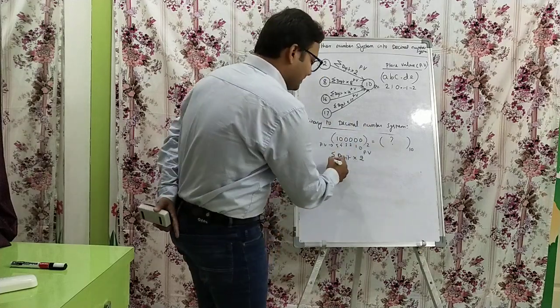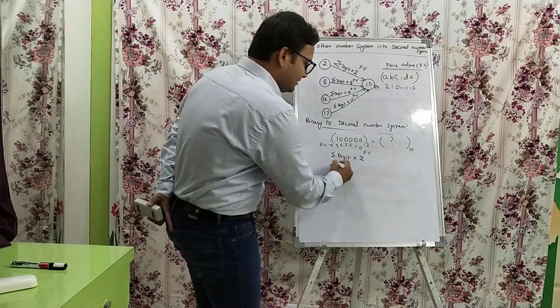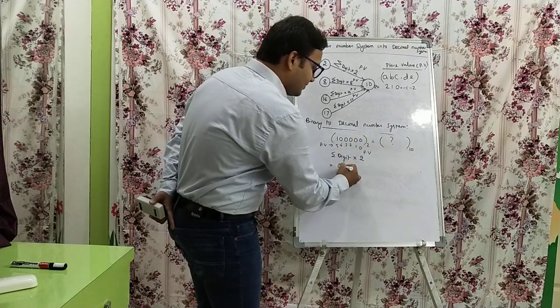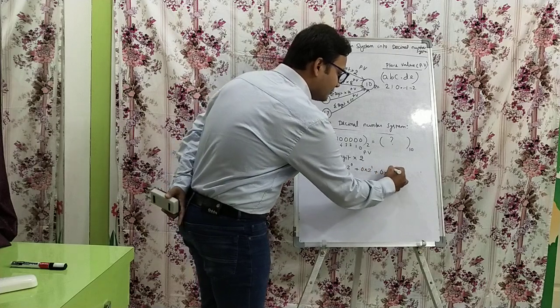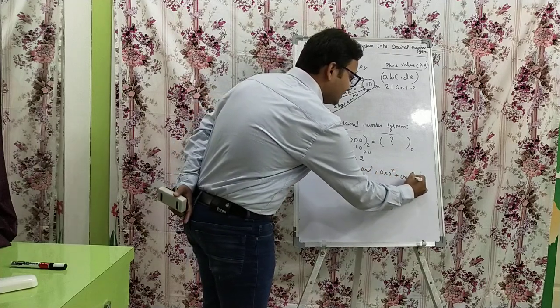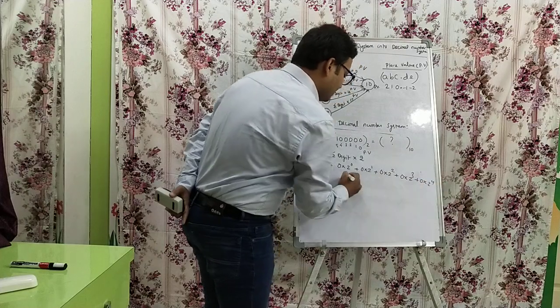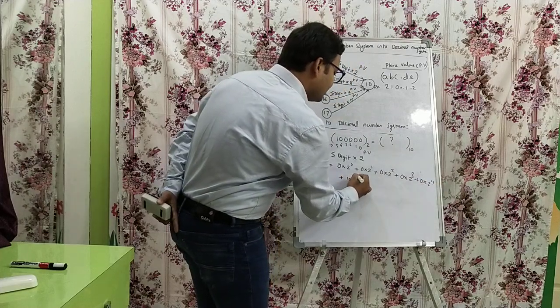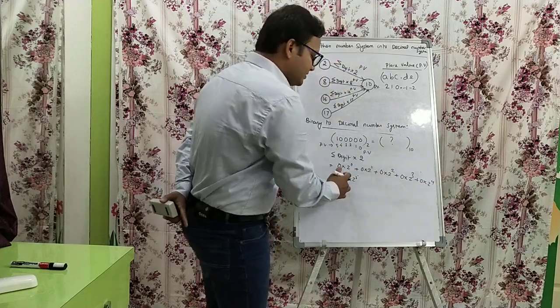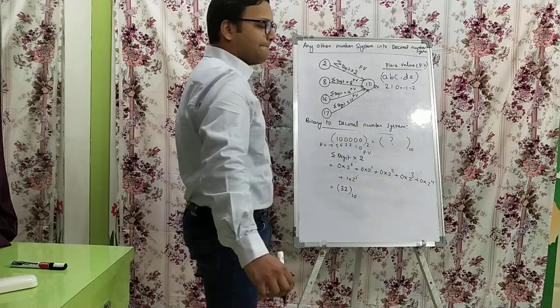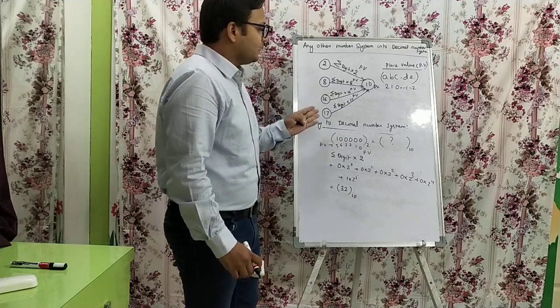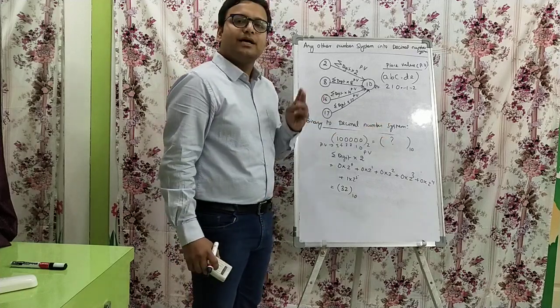Starting from 0 multiplied by 2 to the 0, 0 multiplied by 2 to the 1, 0 multiplied by 2 to the 2, 0 multiplied by 2 to the 3, 0 multiplied by 2 to the 4, next 1 multiplied by 2 to the 5. Everything multiplied by 0 is 0, the only one left is 32. So this is the way you can convert the binary number into the decimal number.